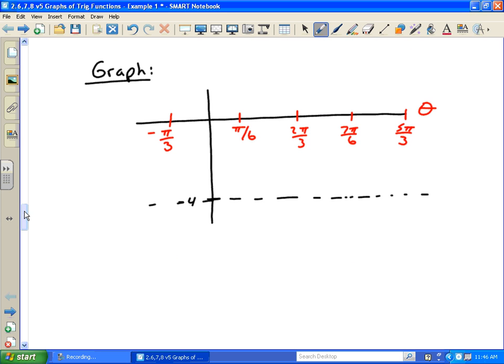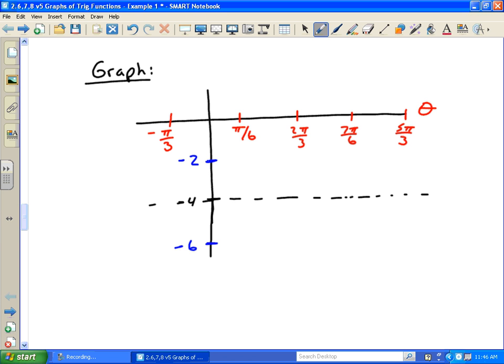Alright, from here, what we're going to make a note of is that we know our amplitude was 2. So we're going to go 2 units above my center line, and we're going to go 2 units below the center line and label those two values. 2 units above would be at -2, 2 units below would be at -6. From here, I'm graphing cosine.